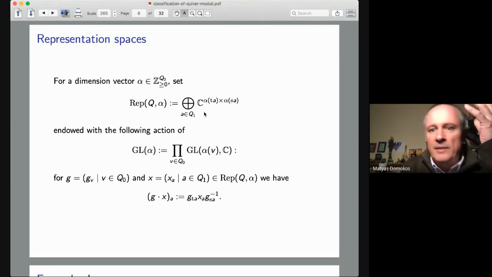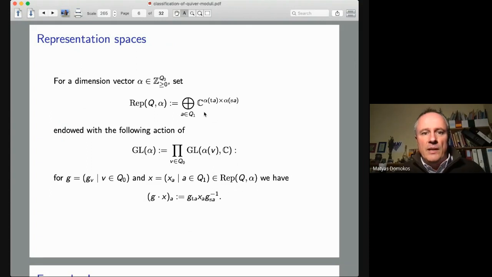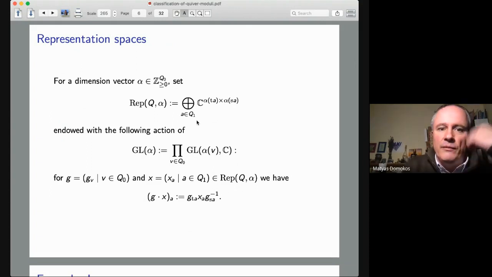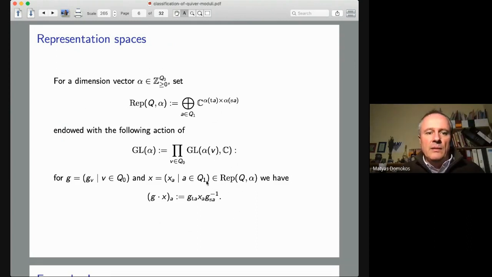Its elements are thought of as collections of matrices of various size, and there is a natural action of the so-called base change group, the product of general linear groups. We take for each vertex the general linear group of size given by the dimension vector, and here is the rule of this linear action of this reductive group.